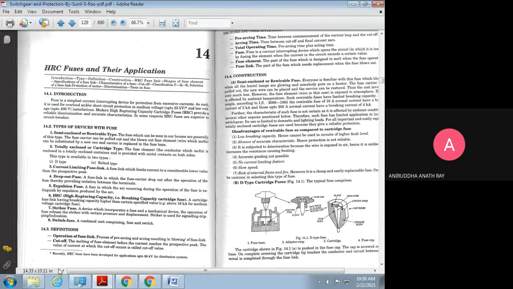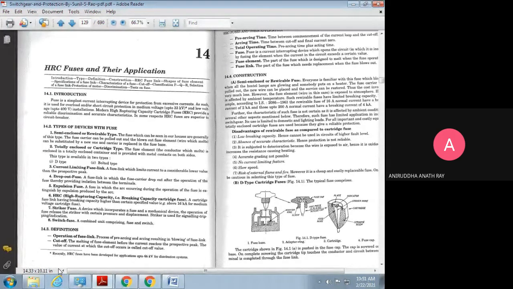Again, this is a very important topic. It has been asked in the university question papers. Students, in your syllabus everything has been mentioned with respect to HRC fuses. But in the previous year question papers, only one question has been repeatedly asked over many years: explain the construction, working, and advantages of the HRC fuse.